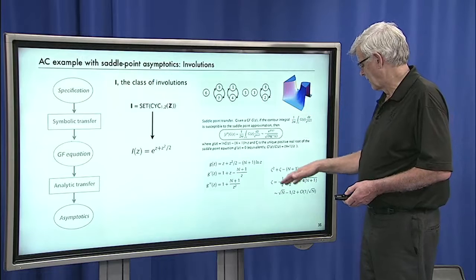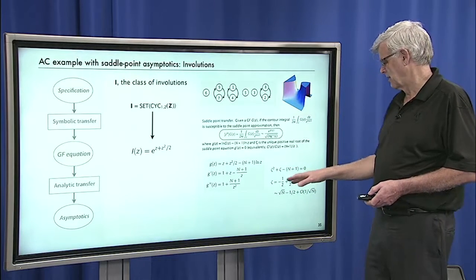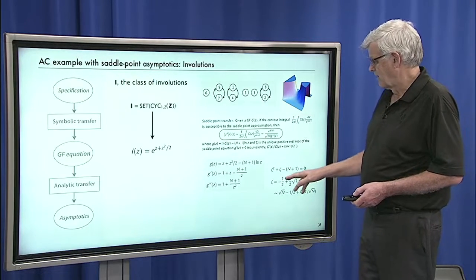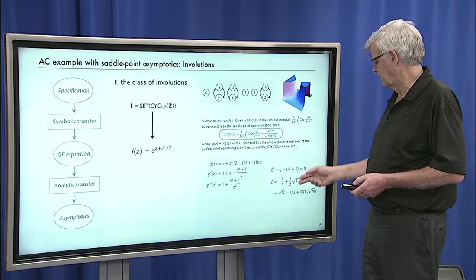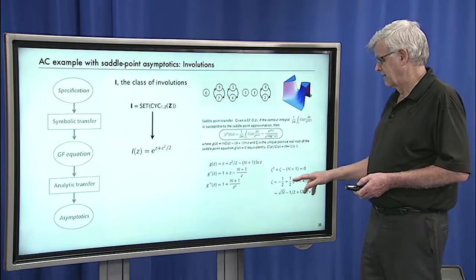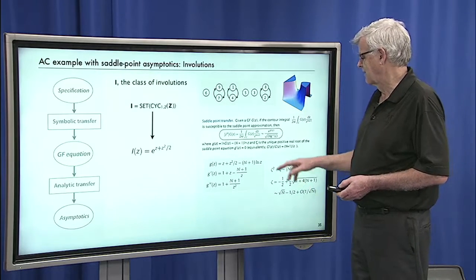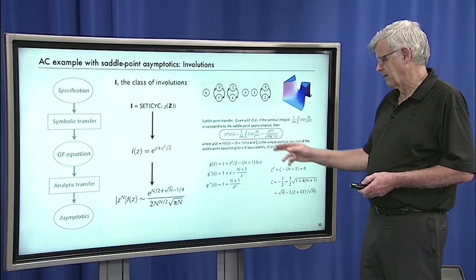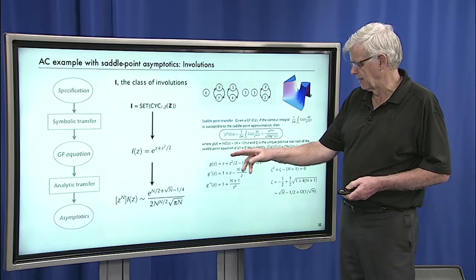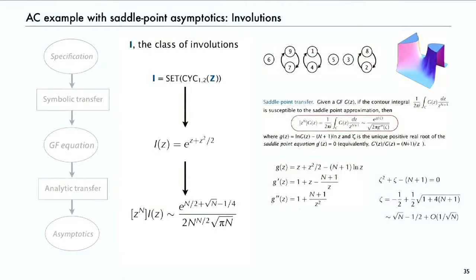Again, we want to work with an approximation to the saddle point to simplify calculations. The saddle point approximation says that we plug that square root of n minus 1/2 into the original equation, and that immediately gives the saddle point asymptotics.